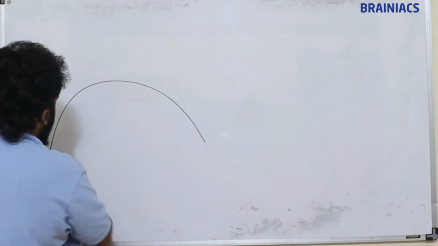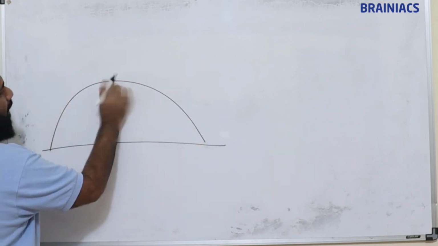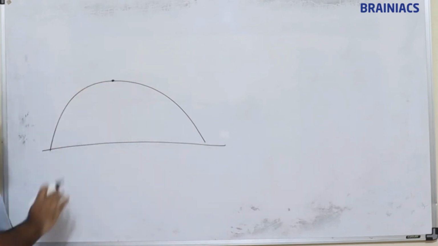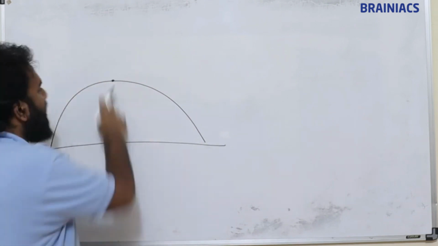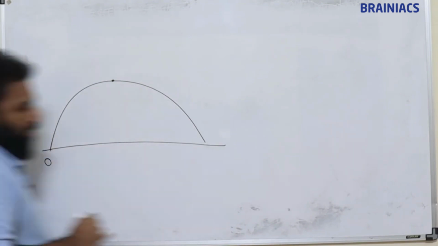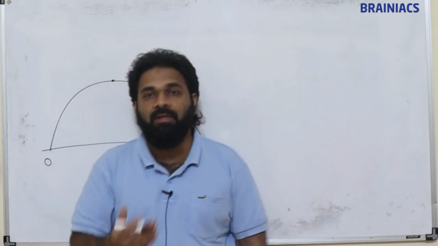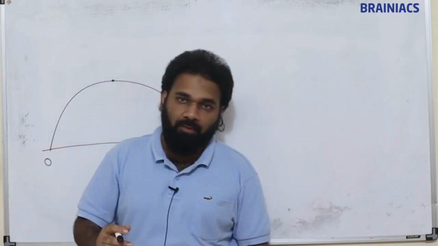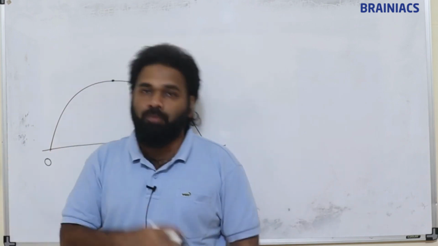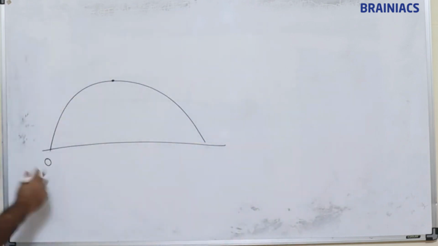This is the projectile. The angular momentum at this point is what we need to find, and this is the point of projection. Already while discussing angular momentum, we have seen that with respect to some observer or some observation point, we need to find angular momentum. So that observation point is this.